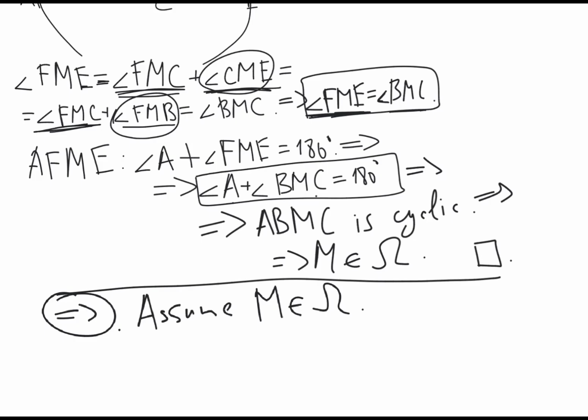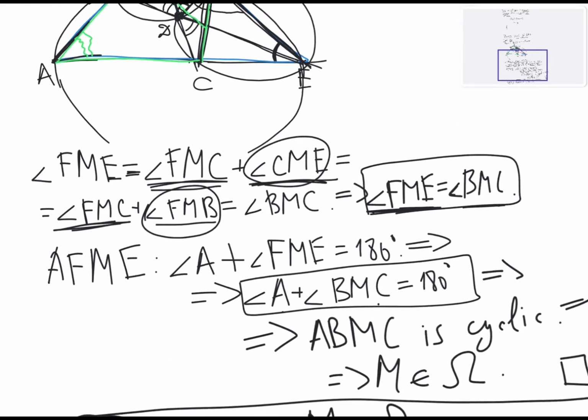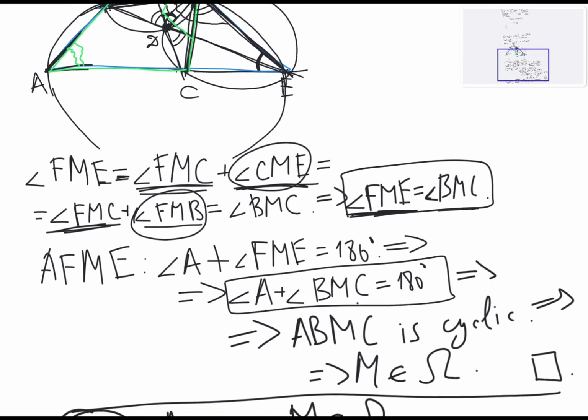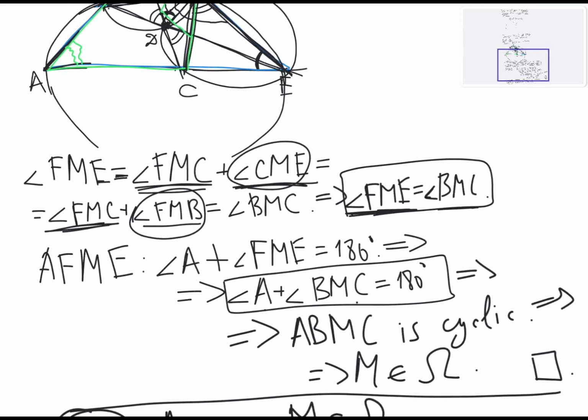So basically we do the same arguments, but from the end to the beginning. All the arguments were invertible, so they were equivalent. So let's do it actually.